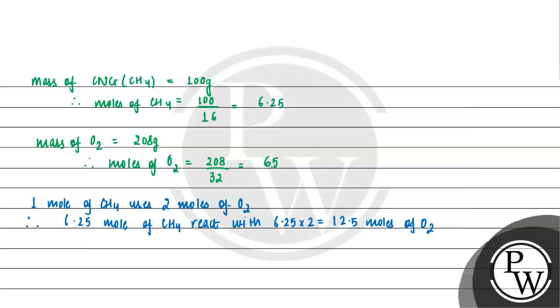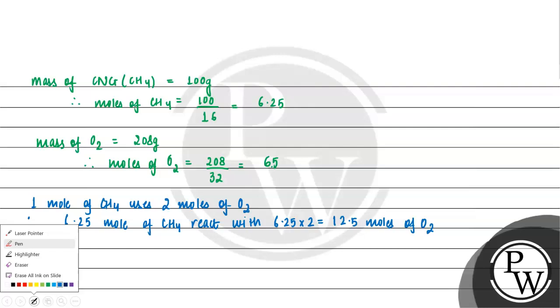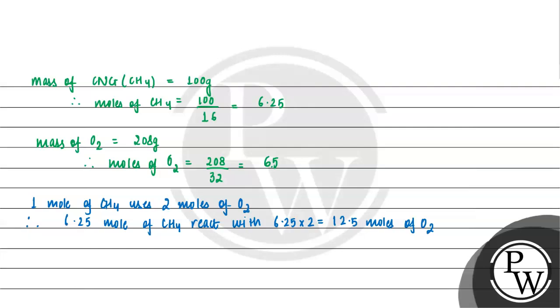But only 6.5 moles of oxygen are there. So our oxygen will act as the limiting reagent, because all of the oxygen is used up.